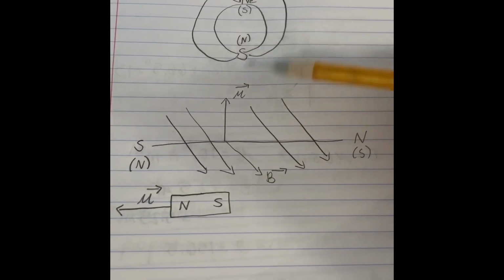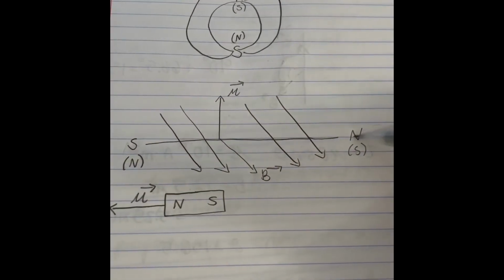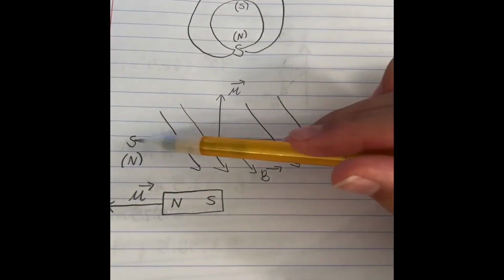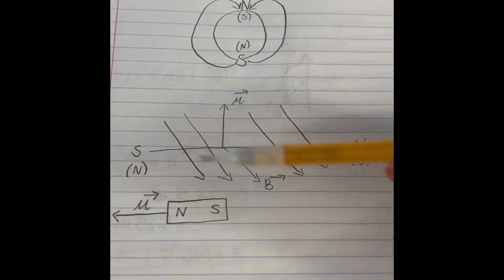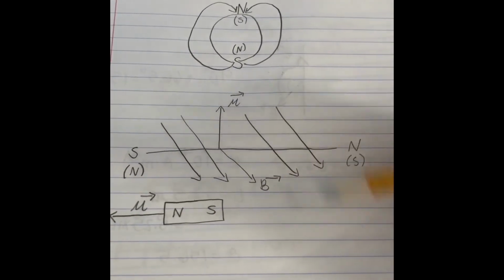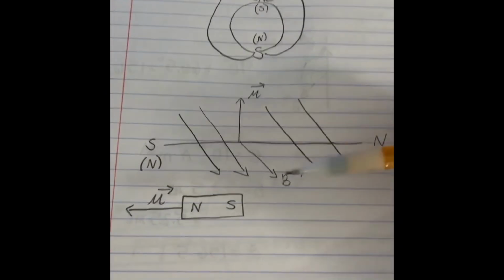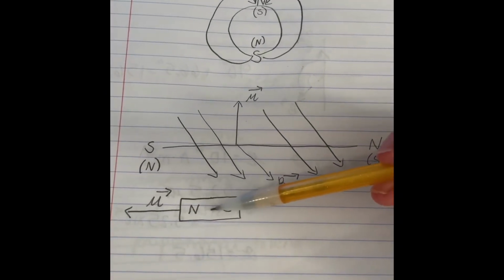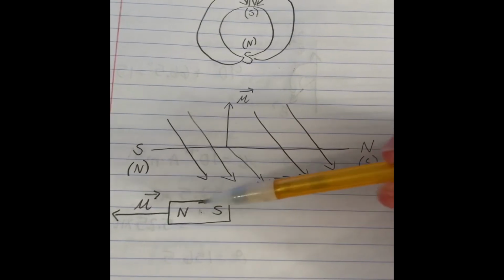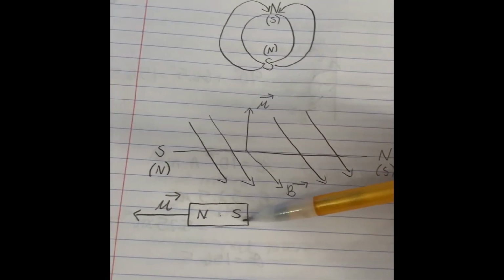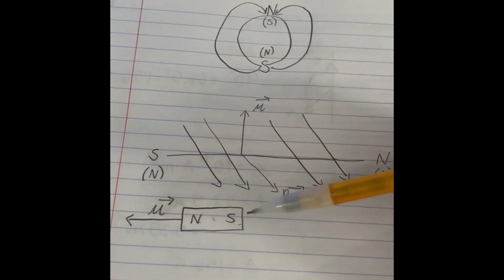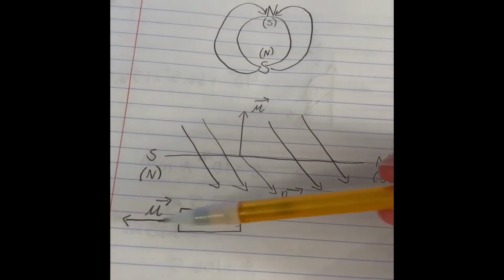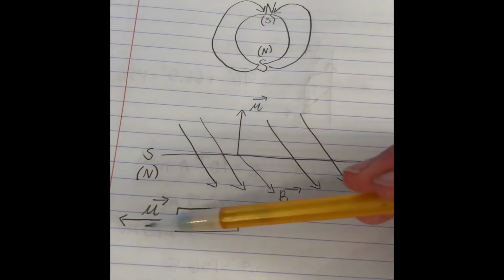And from here, we can draw that this is the geographical North Pole, geographical South Pole, magnetic South Pole, magnetic North Pole, and the field lines for the North Pole are all pointing down in this direction. If this is the bacteria with its North Pole and its South Pole, we know that its magnetic dipole moment is towards the magnetic north, so it is going to point this way.